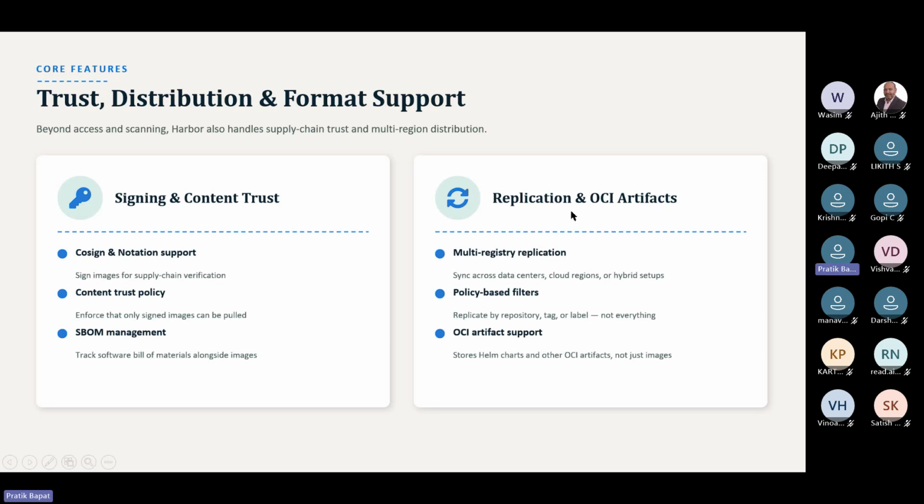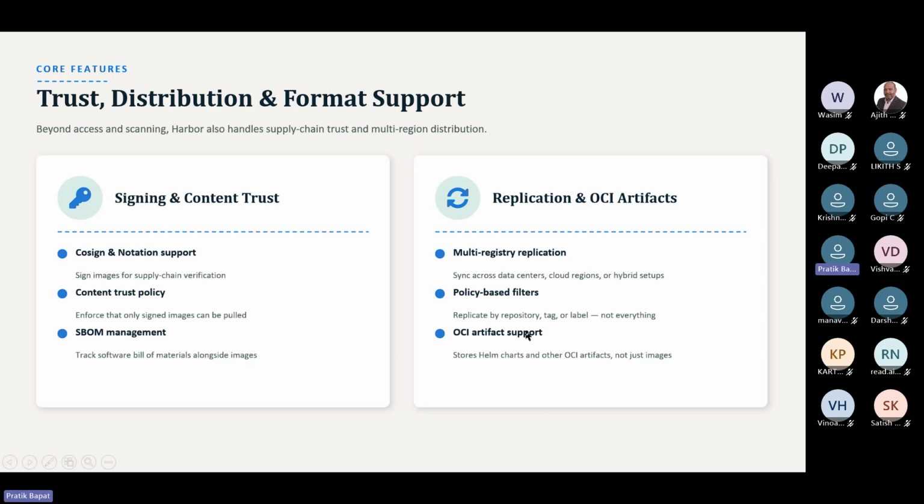Then replication and OCI artifacts. So multi-registry replication. We can configure our Harbor registry with other OCI registries like JFrog and other multiple supported OCI registries. So if we want to replicate our images pushed in Harbor registry to some other registry, we can use this feature.